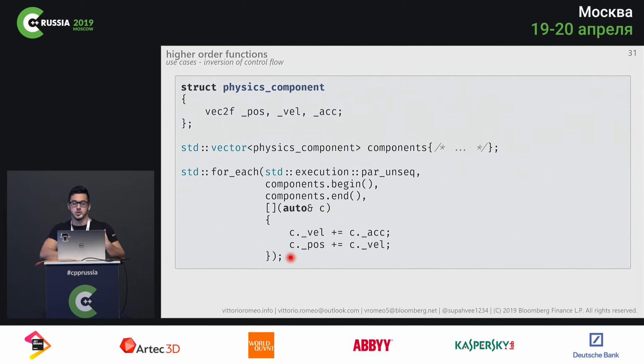It's just this function that you're passing to the for_each algorithm. And then the for_each algorithm with a parallel execution policy is going to decide how this thing is executed. So all the control flow is inside the for_each algorithm. What you do with the higher order function is you just provide the action you want to execute, which provides a clear separation of concerns and helps your code be more readable and also more testable.